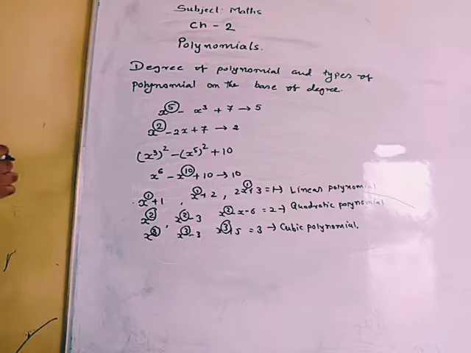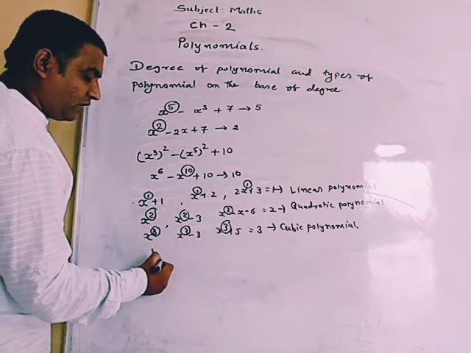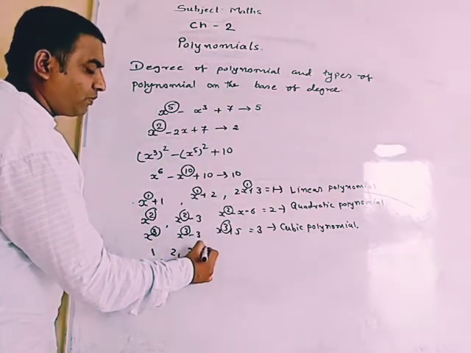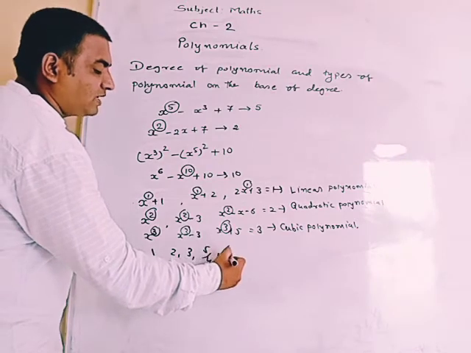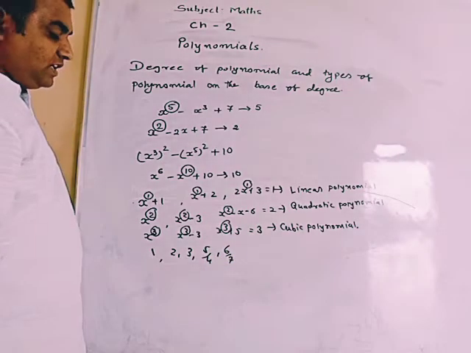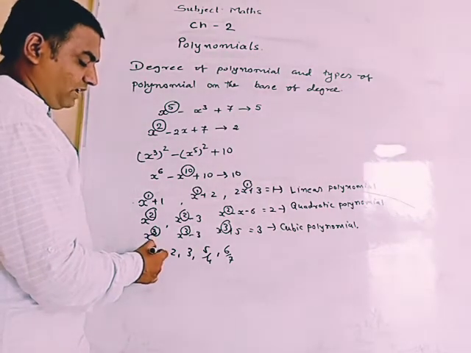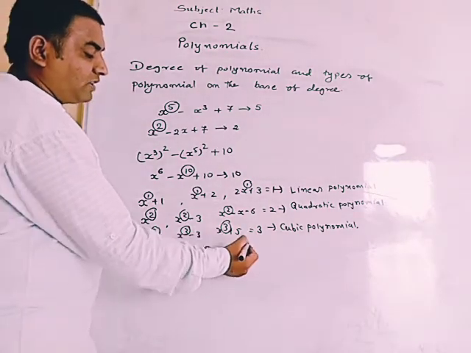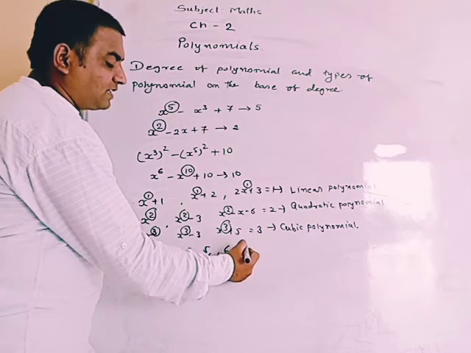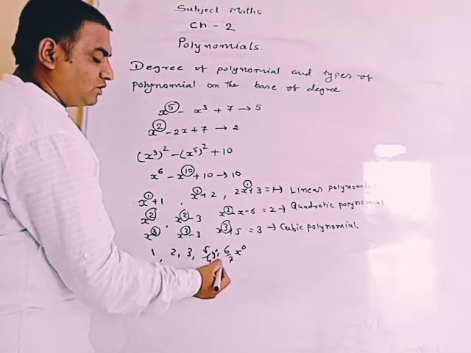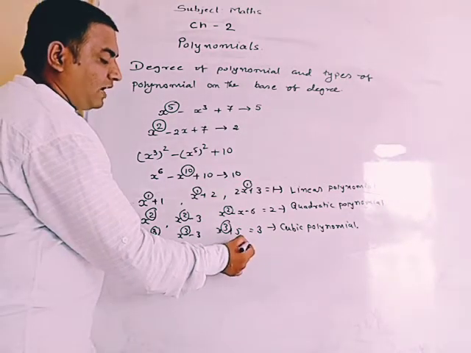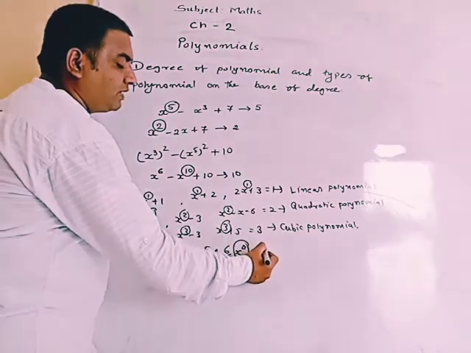Now think about numbers only: 1, 2, 3, 5 by 4, 6 by 7, like these numbers. They do not contain any variable, so we can take it as x raised to 0, y raised to 0, any variable raised to 0, so its degree will be 0.